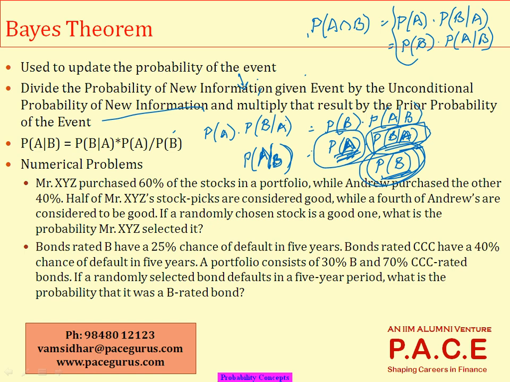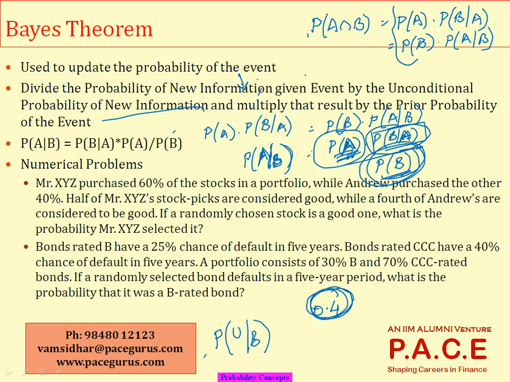Initially I know that the probability of unemployment is 40%. Now I am asked to find the probability of unemployment given the economy is bad. So new information has come up and I want to find the updated probability of this.